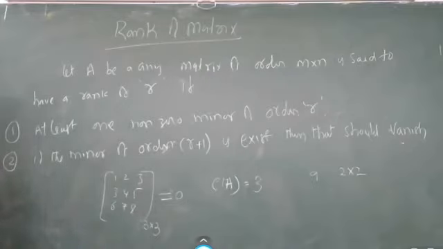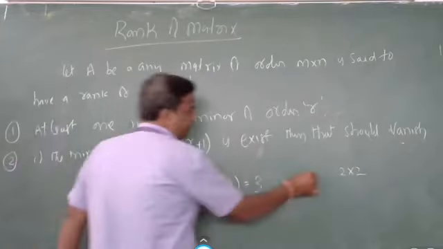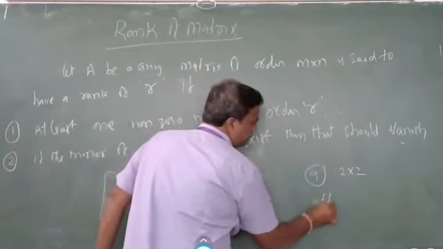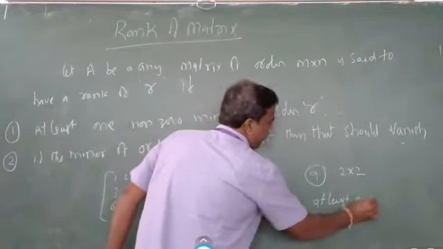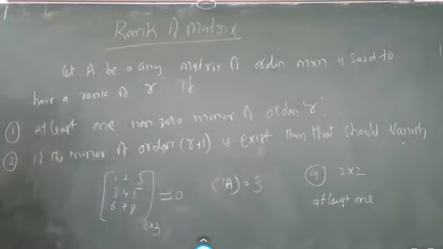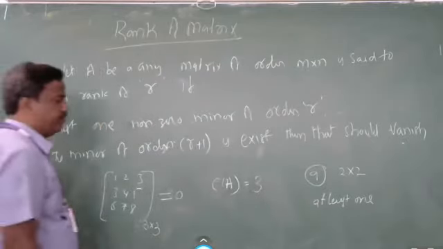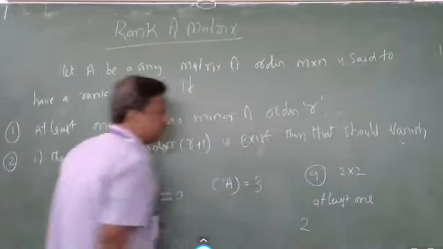In these 9, if at least one is non-zero, then we say that the rank of the matrix is 2.